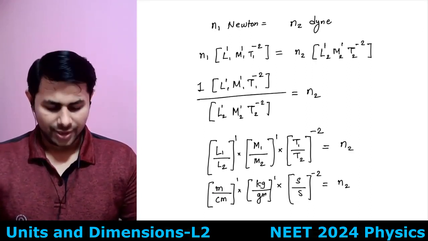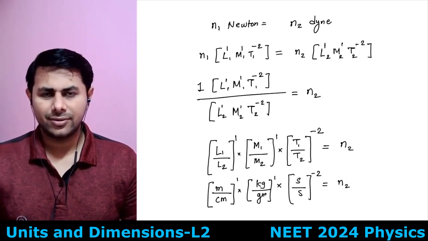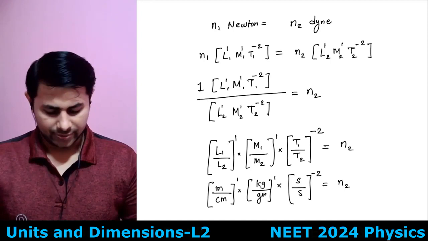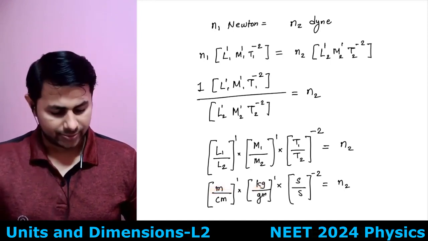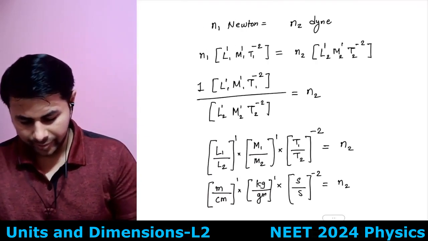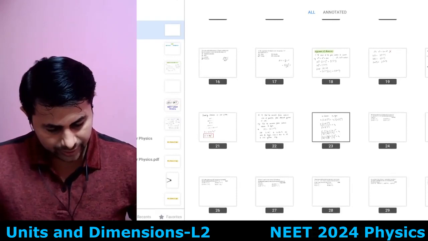100 centimeter. And 1 kg is how many grams? 1000 grams. So let's substitute that here. This is 100 centimeter, this is 1000 grams.